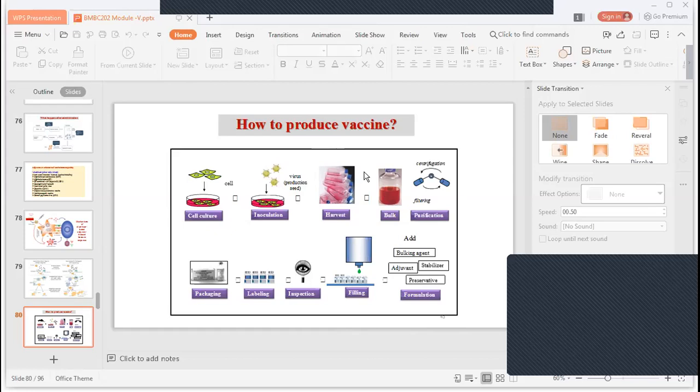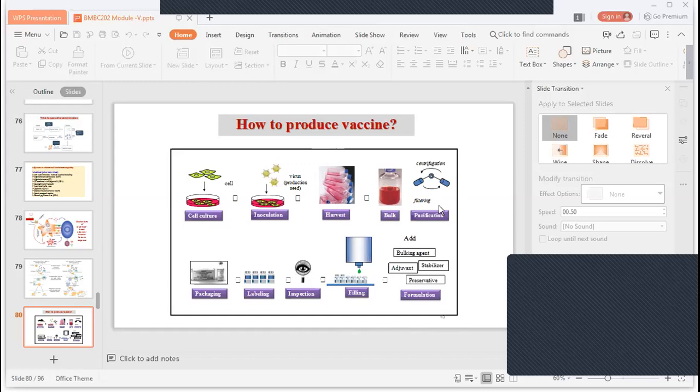Then in bulk amount, you have to pool it, and then go for centrifugation or purification. So centrifugation and subsequent washing should be performed for purification purposes. And after purification is over, the purified antigen will be mixed with three other compounds.